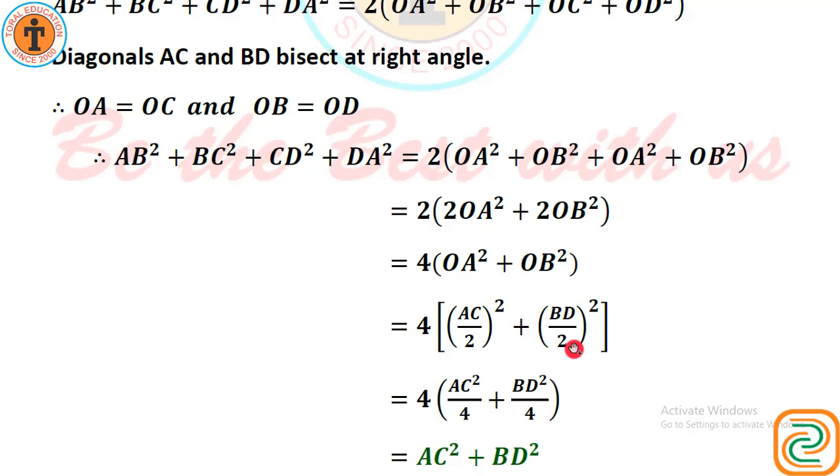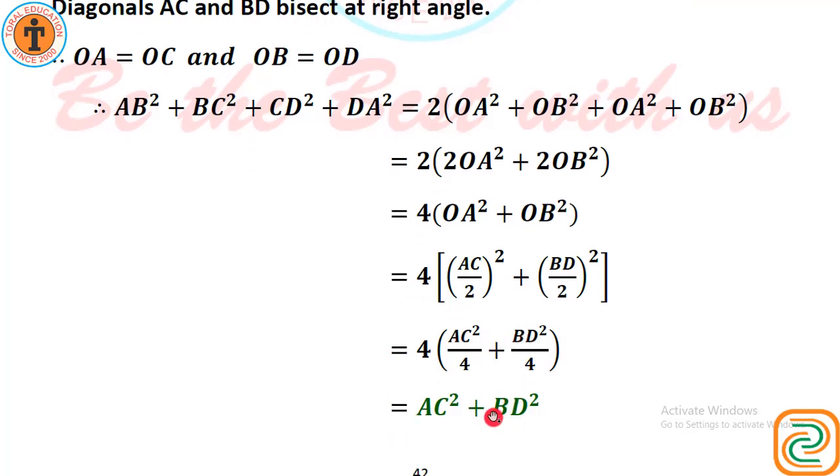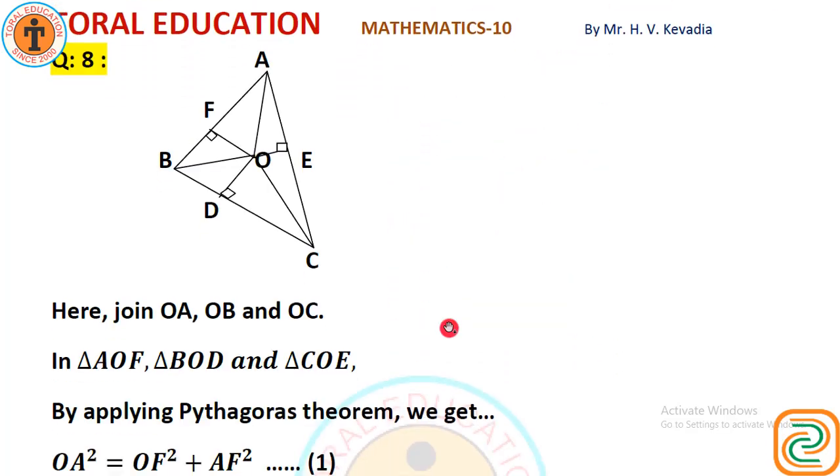If we take 1 upon 4 as common, then 4 will be cut off. Therefore, AC square plus BD square is our answer. That is, the sum of squares of all the sides equals the sum of the squares of diagonals. We have proved.